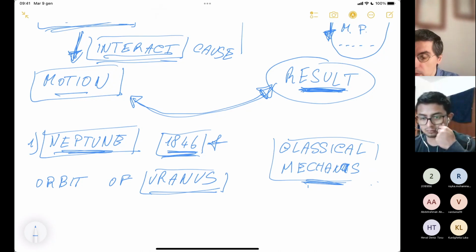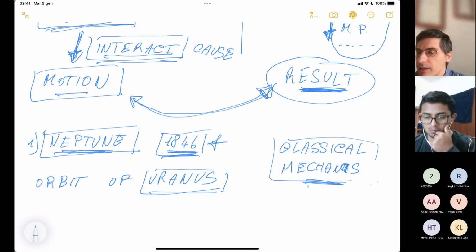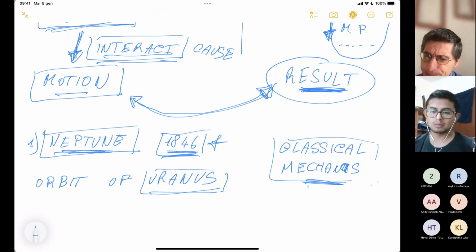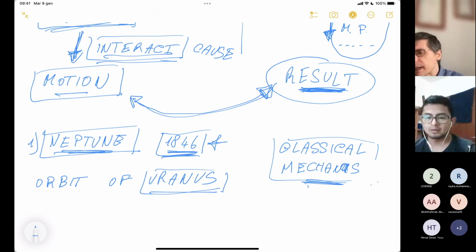And so this is the reason why the theory fails, because we do not consider the correct input of our problem. Of course, if there is a planet that you don't consider, the orbit of Uranus will be different.